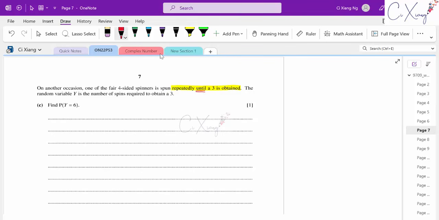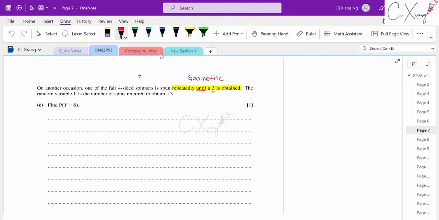So this phrase generally tells us that it belongs to the geometric distribution. When we have the geometric distribution, we need to know what p is. So p will be the probability or proportion of obtaining a 3, which is 1 over 4 here.